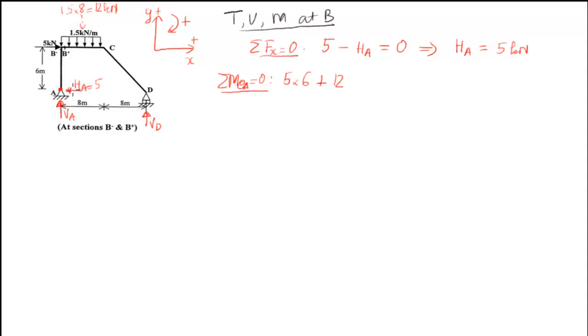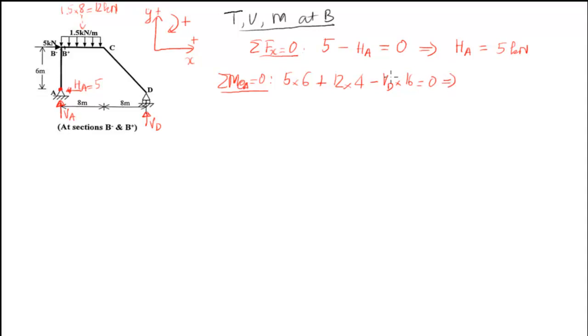So 4 meters, times 4, okay. And now VD, because VD goes anti-clockwise, it will be negative VD times the lever arm, which is 16, from D to A, equal to 0.